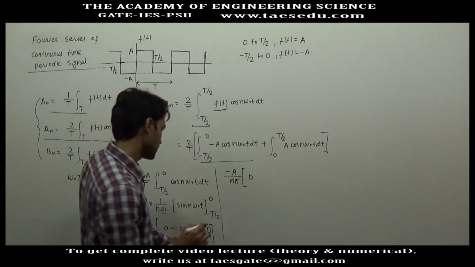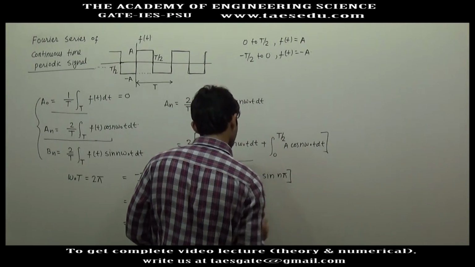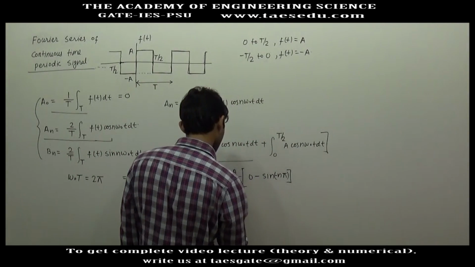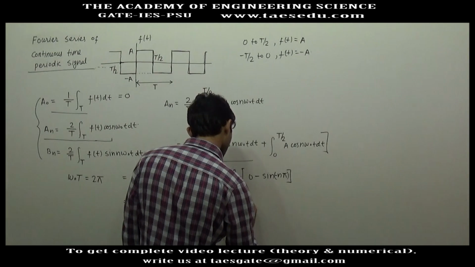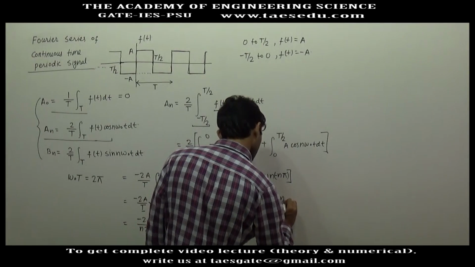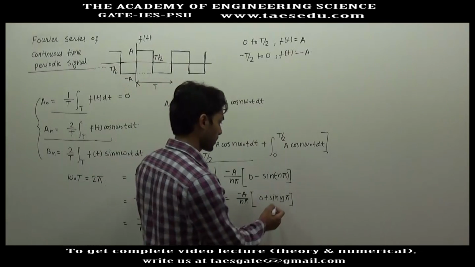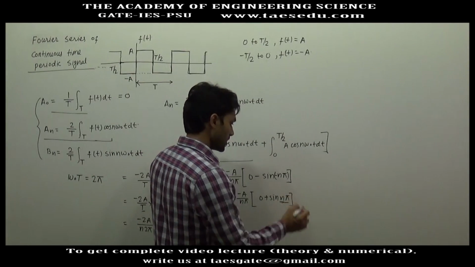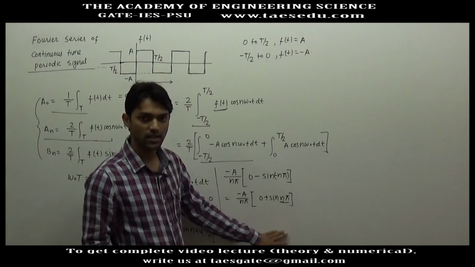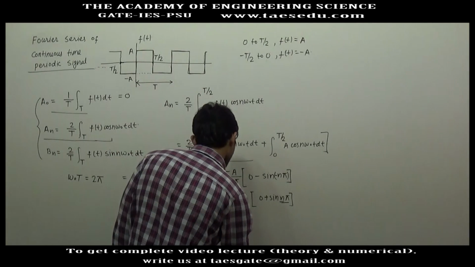So here you will get 0 minus sine of minus n pi, which will be minus a by n pi times 0 plus sine n pi, where n is an integer. So if n is an integer, the value of sine pi is 0. Sine pi, sine 2 pi, sine 3 pi, sine n pi is always 0. So you will get it as 0.